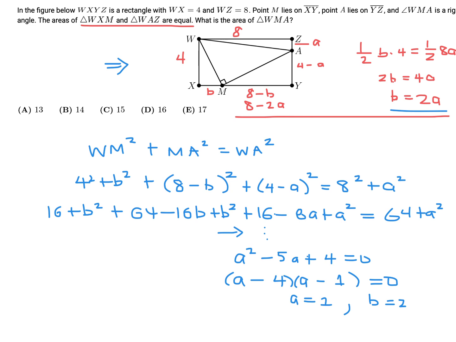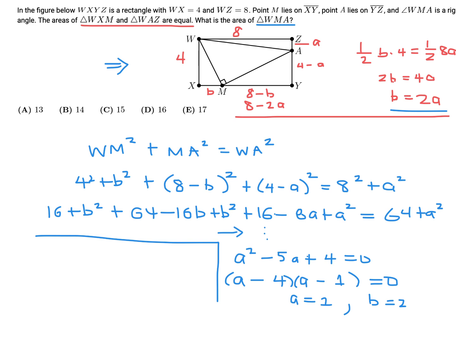So we are doing quite well here, and we need to figure out the area of WMA. Where is WMA here? Oh, that's the inner one. That shouldn't be a problem. We can do it very quickly.